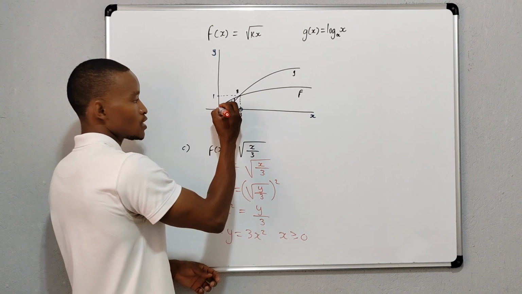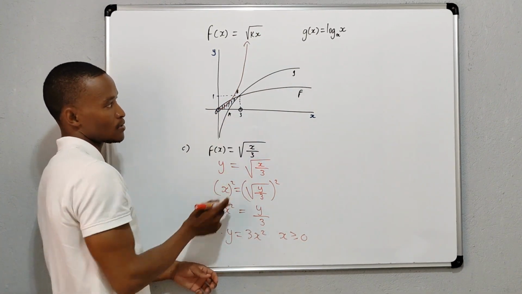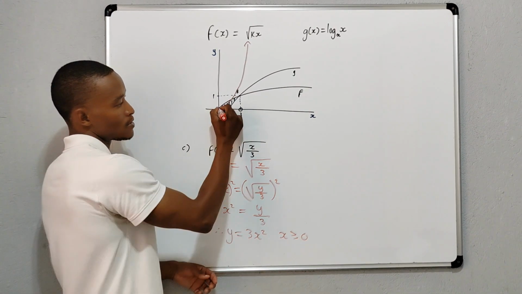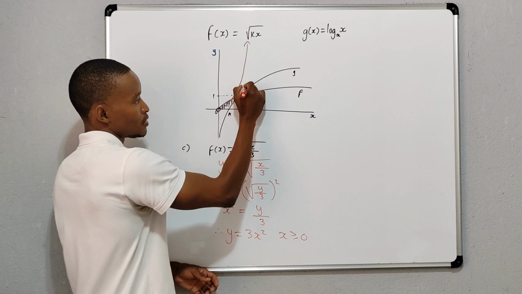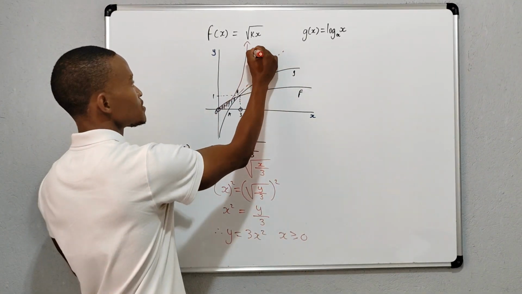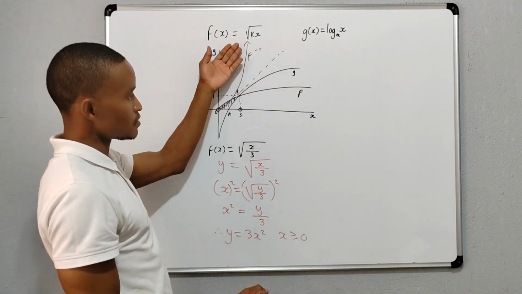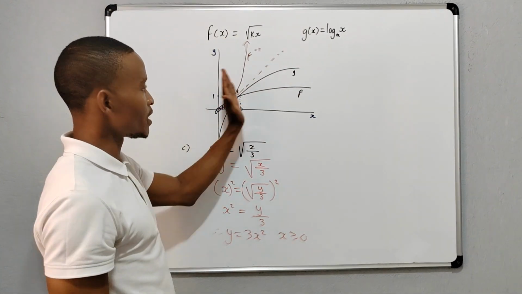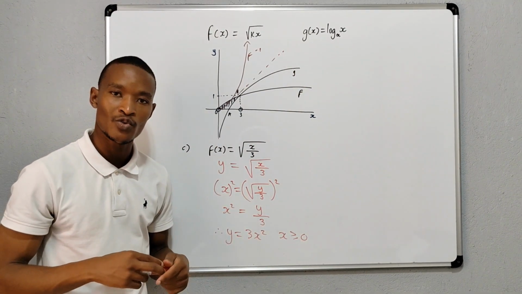If we had to sketch it, something like this would result, such that when you find the inverse, along the symmetry line, look at the beauty here. This f inverse will be mapped to f, mapped to f inverse. All right, so the domain then is x greater than or equal to 0.